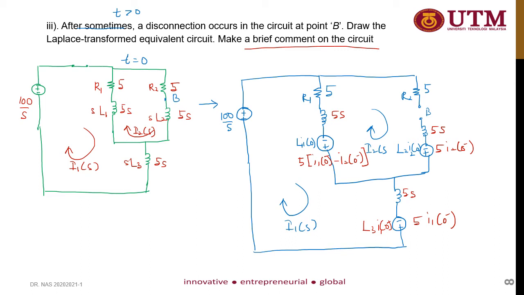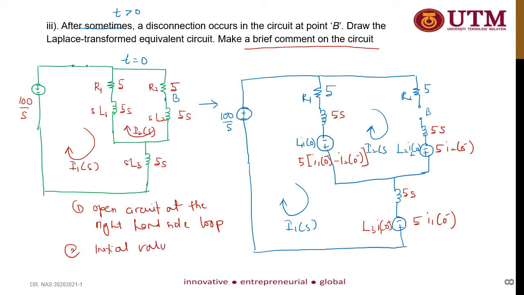First, there is an open circuit at the right hand side loop, or at point B, and second, there will be initial values applied to the inductors due to energy storage inside the passive components.